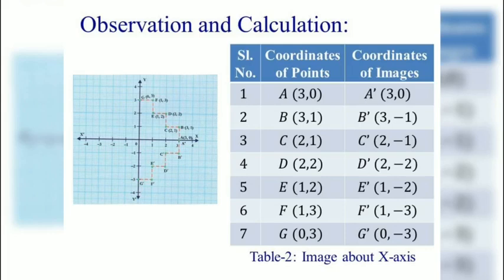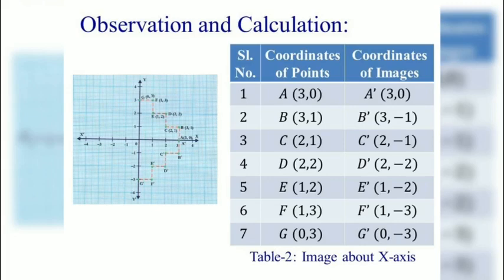So the point A (3,0) has mirror image A' (3,0). B (3,1) mirror image is B' (3,-1). C (2,1) mirror image is C' (2,-1).